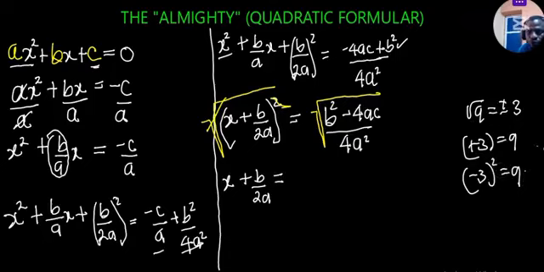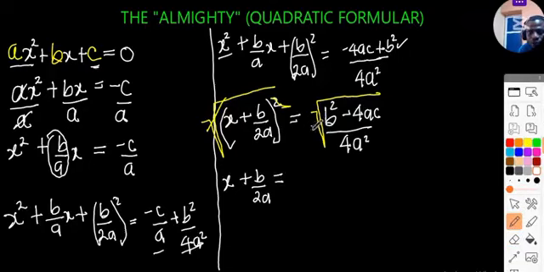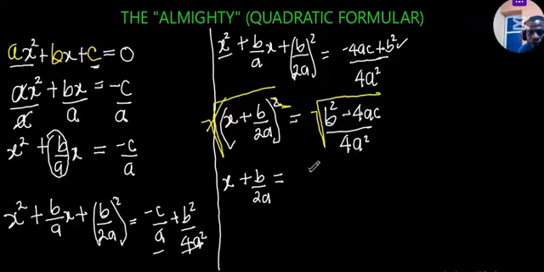So we have two values, plus or minus. Applying that here, the square root of all this is plus or minus the square root of b squared minus 4ac.